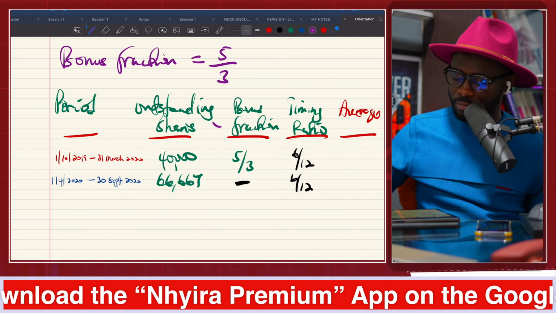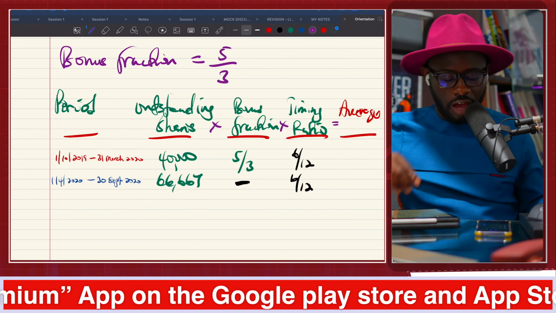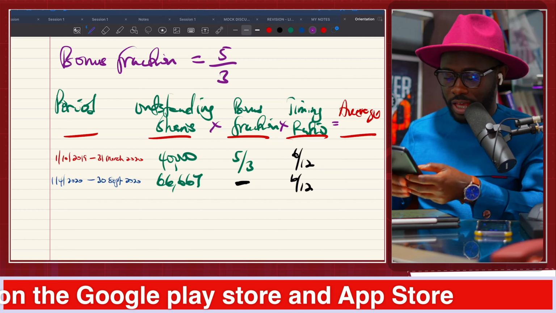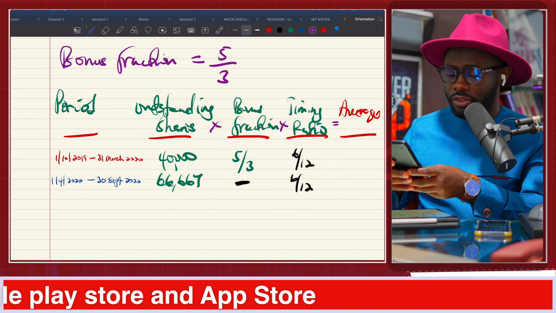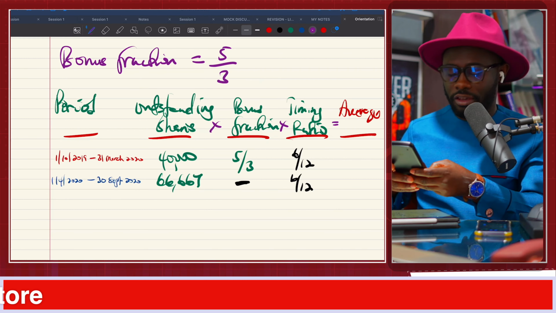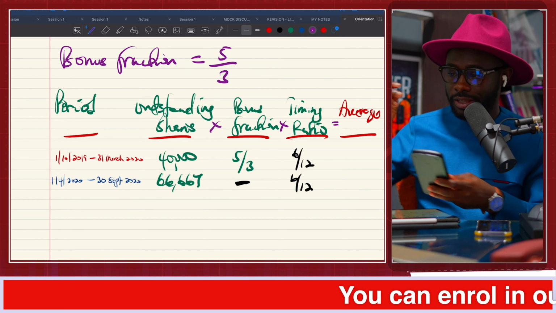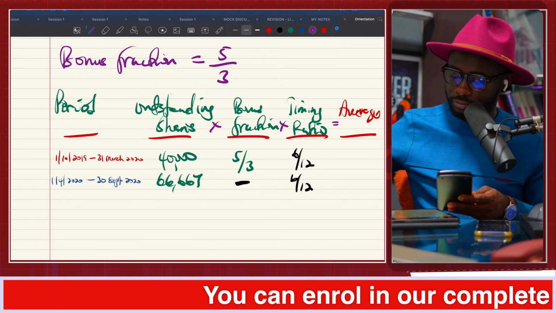So we multiply up. Remember, we are multiplying everything. That is what is giving us the average. So we multiply up 5 over 3 by 6 over 12 by 40,000. Let's see what we got. 33,333.